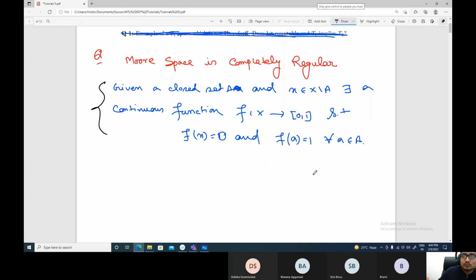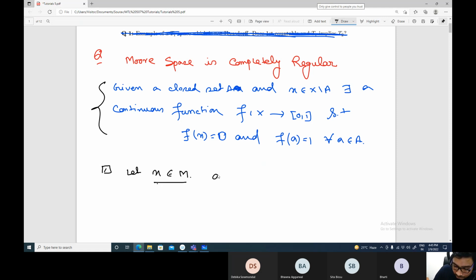Now we claim that Moore space is not completely regular. Now take x belongs to M, where M denotes the Moore space, and I assume that you all know the definition of Moore space, right?